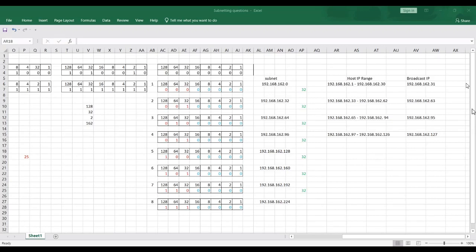So if you don't need that many IP addresses, why go for that kind of risk or vulnerability exposure to your network? That is what is behind that decision.